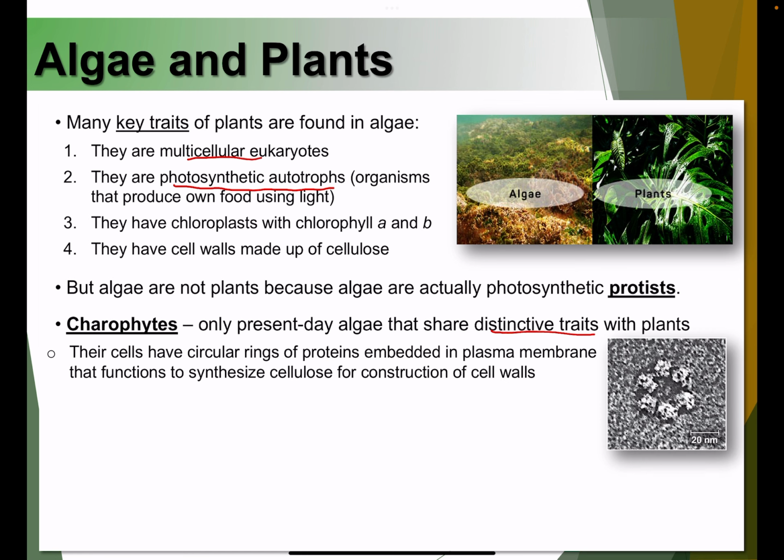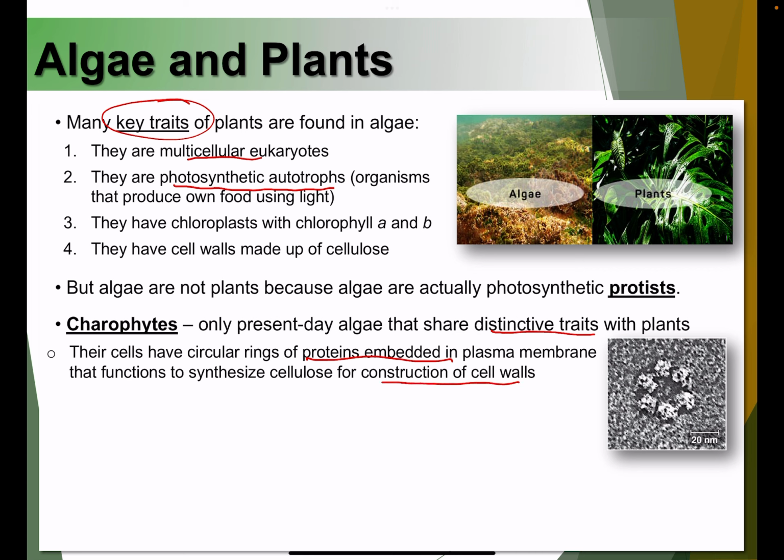These are more specific traits other than the key traits we mentioned earlier. First of all, charophytes have cells that have circular rings of proteins embedded in the plasma membrane. And these circular rings function to synthesize cellulose for construction of cell walls.